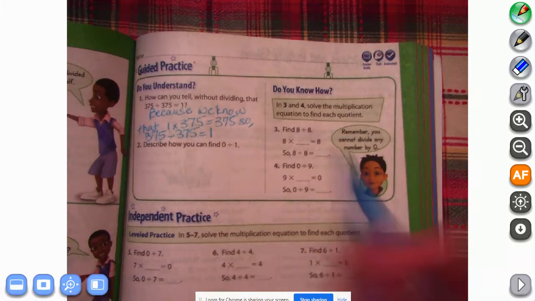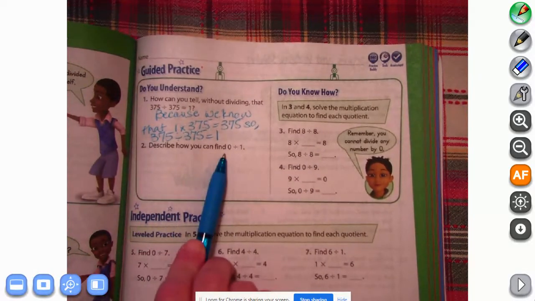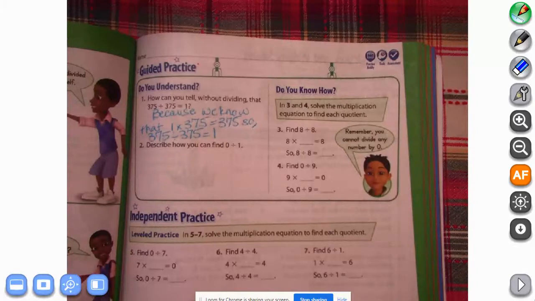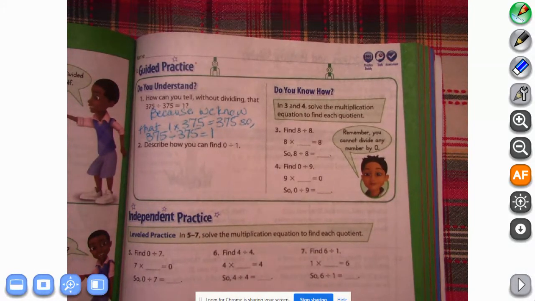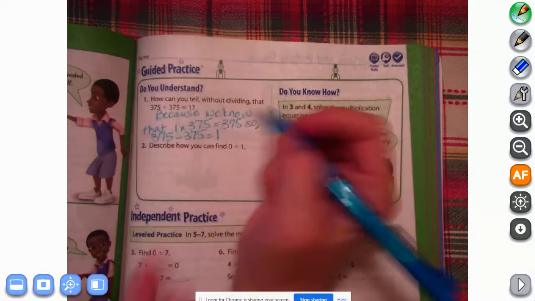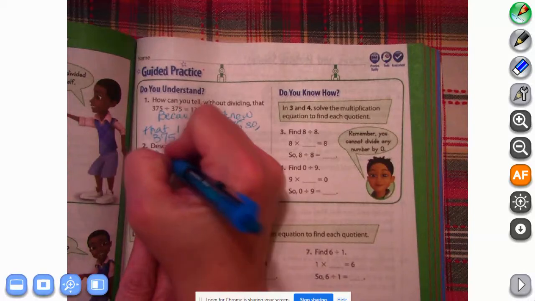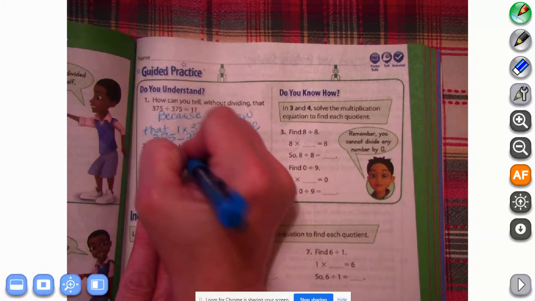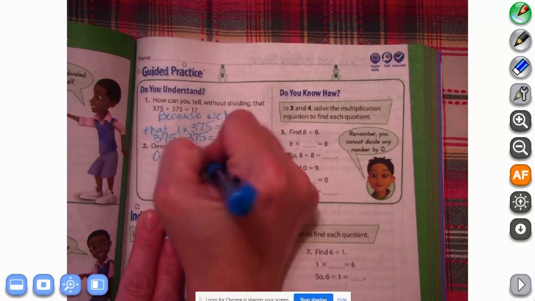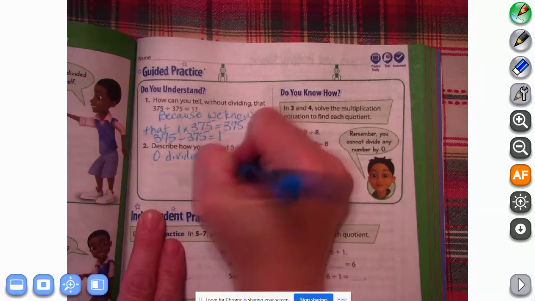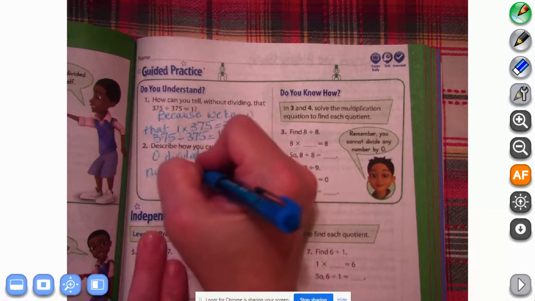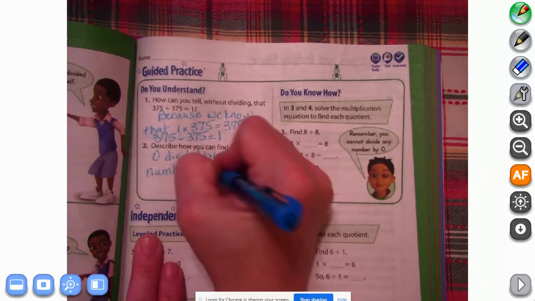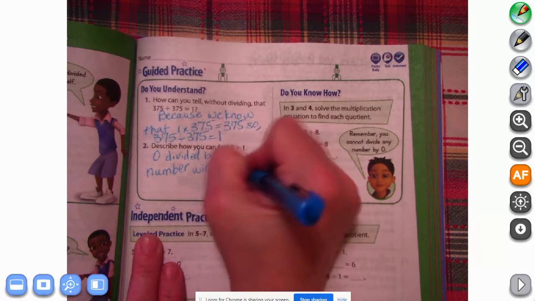Okay. Number 2, describe how you can find 0 divided by 1. How would we describe that? So we would describe it as 0 divided by any number will equal 0.